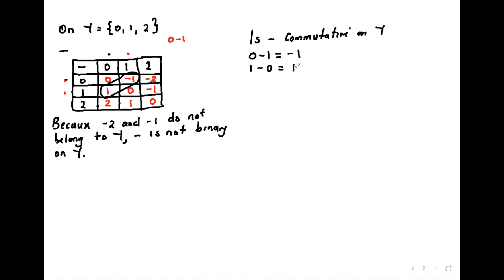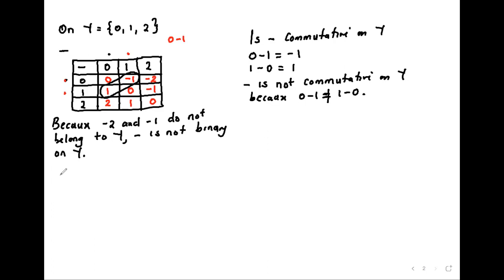It means minus is not commutative on Y. You can cite an example: 0 minus 1 is not equal to 1 minus 0. So when I switch, I get different solutions. So it fails to be commutative.